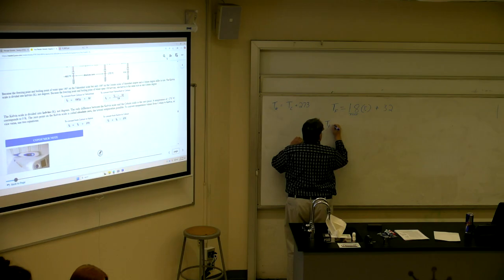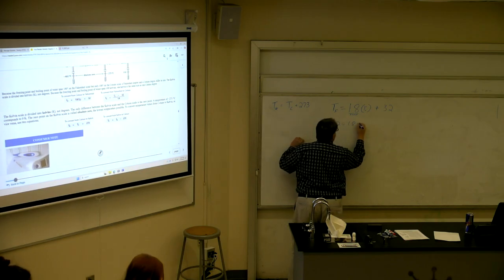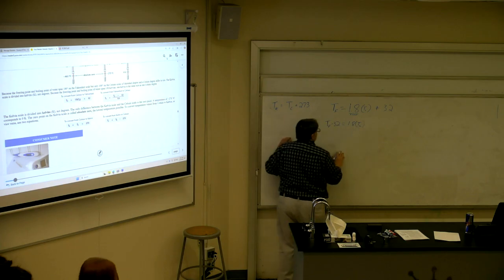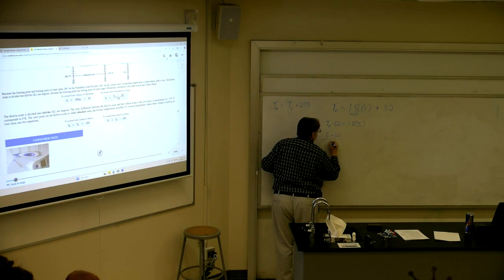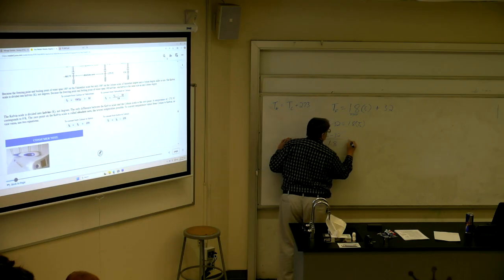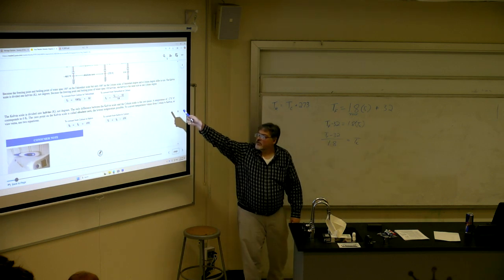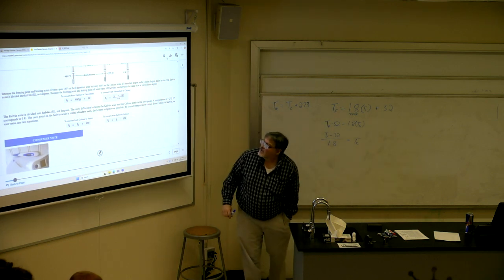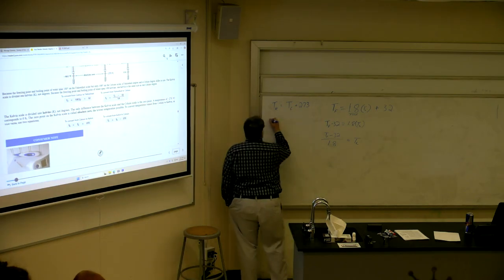Right, so if I subtract 32 from both sides, and then I divide by 1.8 both sides, that's how you get this one on the right.